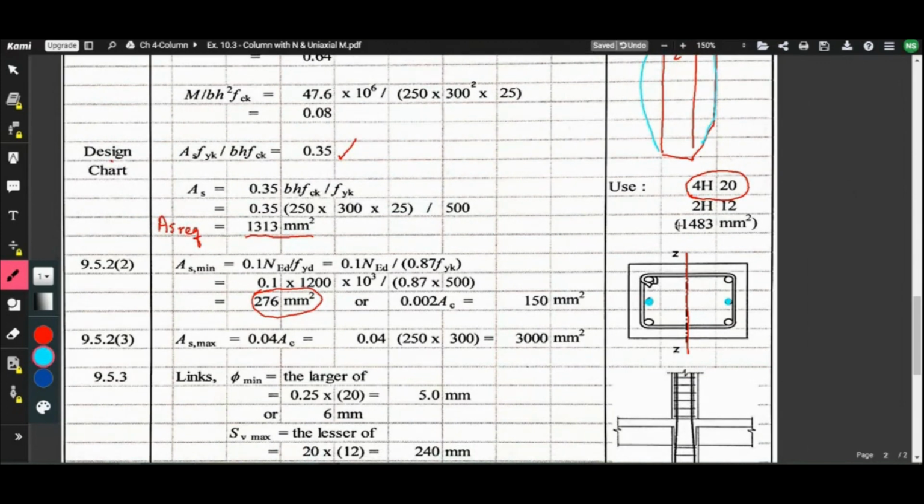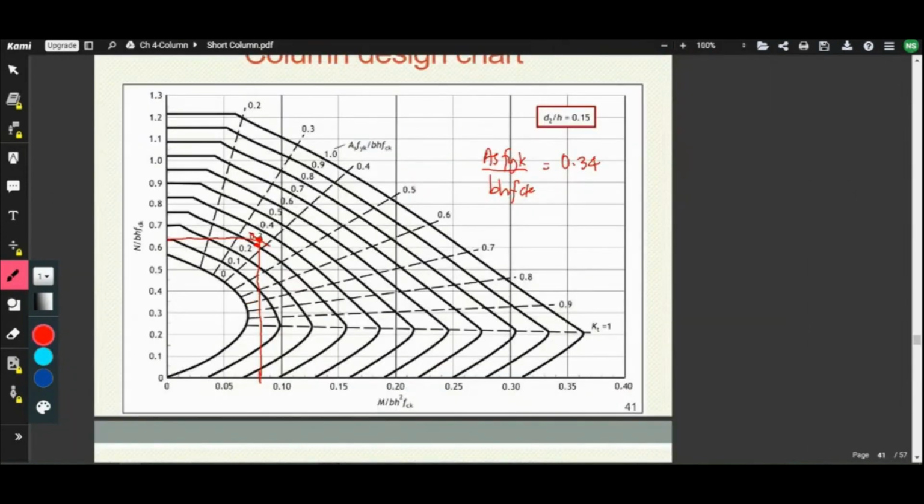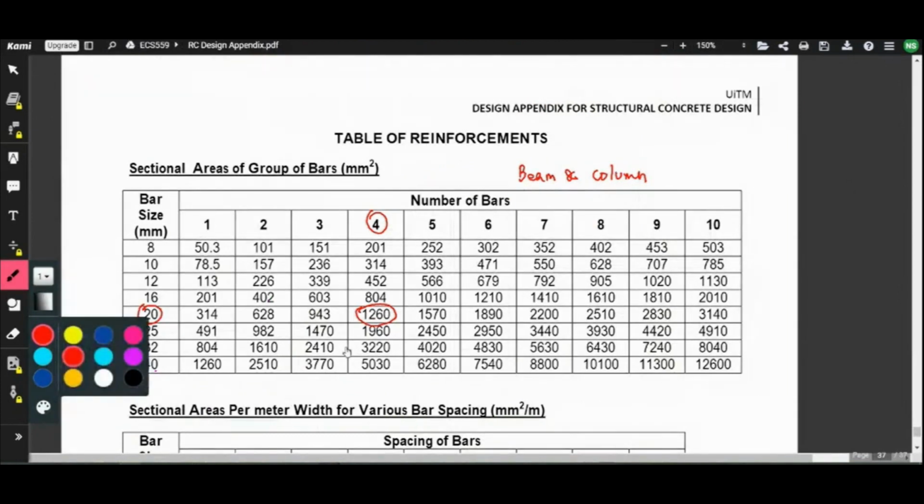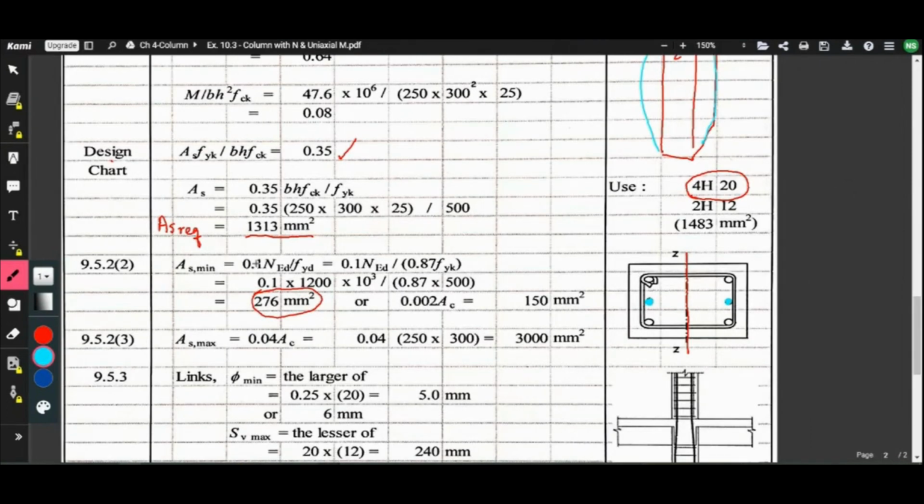You can provide 6H20. If you use 6H20, the area would be 1890, or you could provide a smaller bar size. In this case, you can refer to As min 276.